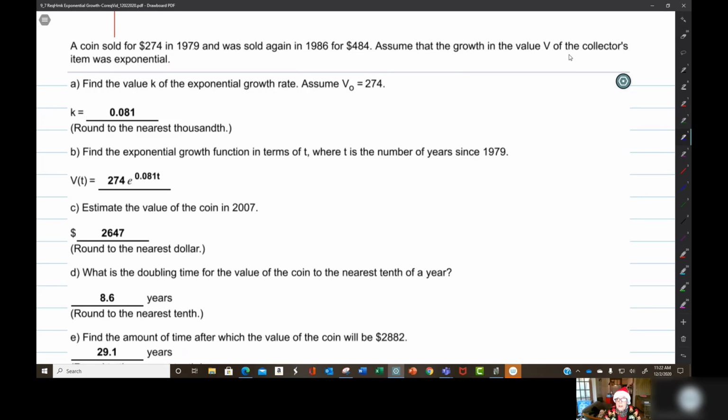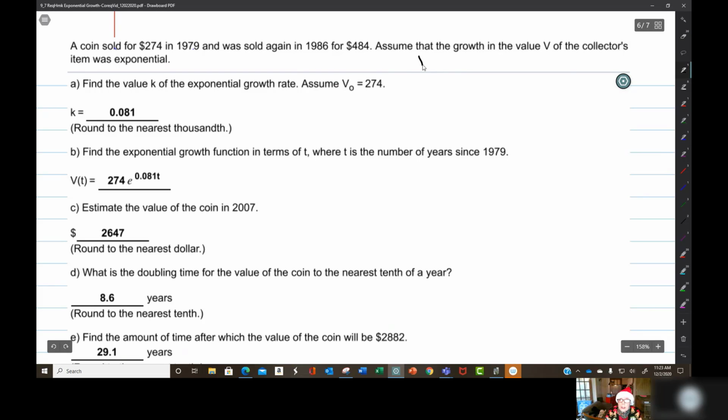Assume that the growth in value V of the collector's item was exponential. And look at this, they're referring to things as V's instead of like P. Okay, so we can play that game.